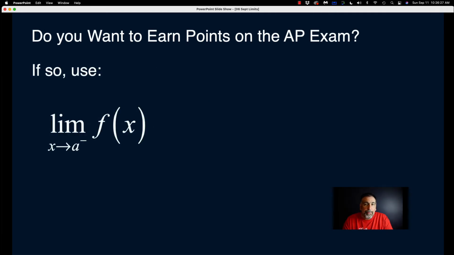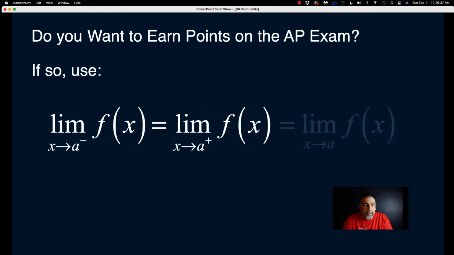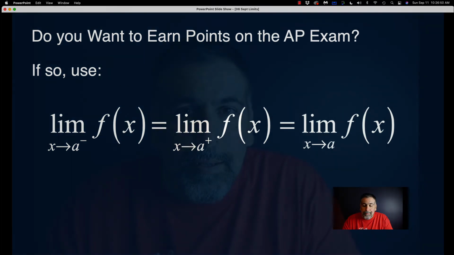Every single time you're asked to justify a limit, you've got to use the following statement. You've always got to say and show that the limit coming from the left equals the limit coming from the right, and then that will equal the overall limit. Remember using the correct notation. You need all 3 parts. So every single time you're asked to justify a limit, this is what you need to write. Let's get back to our question and see how we would handle this.